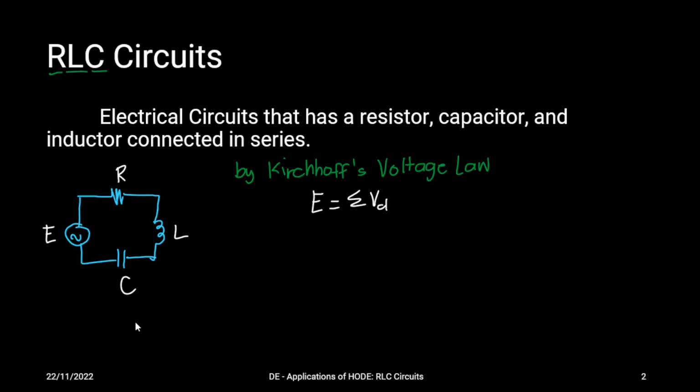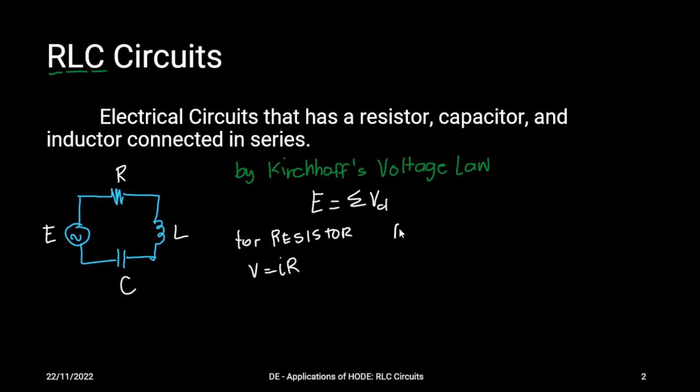So ano ba muna yung mga voltage drops per component natin dito? First we have the resistor. Using Ohm's law, we all know that V is equal to IR. That is the current multiplied to the resistance para makuha natin yung voltage drop.